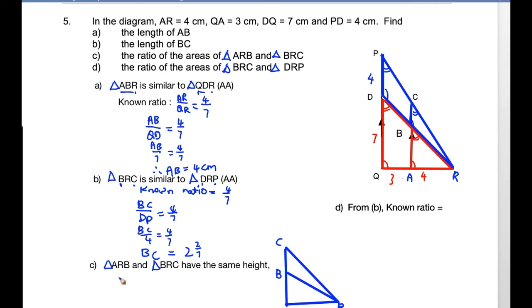Therefore, the ratio of their areas is just simply the ratio of their bases, which we have found earlier, which is 4 over 2 and 2/7, and this simplifies to 7/4.